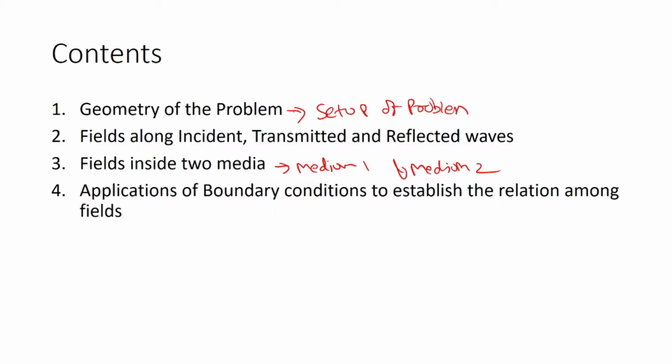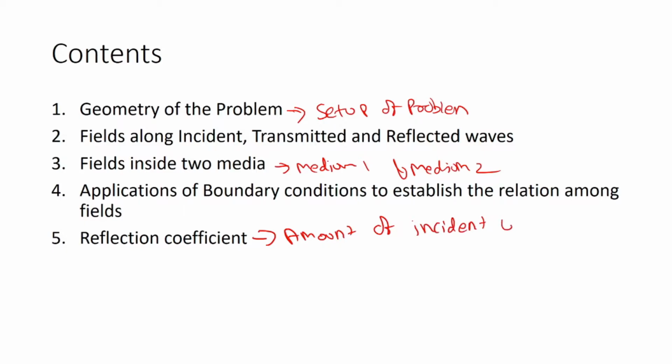And then I would discuss the boundary conditions to establish the relation among the fields inside medium 1 and fields inside medium 2. And then I would define a parameter called reflection coefficient, which tells us the amount of incident wave which got reflected to medium 1.